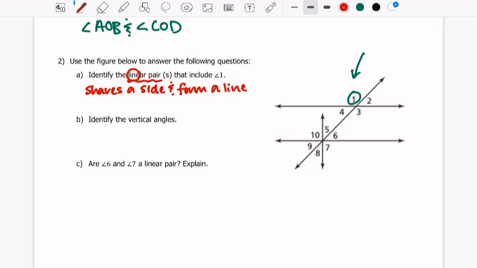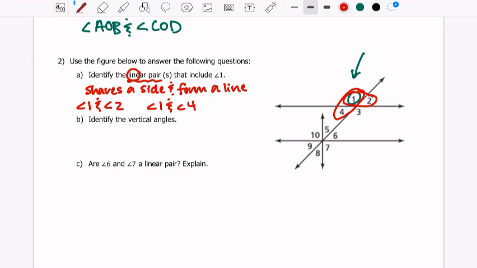Okay, so with that, I see that angle 1 and angle 2 share a side and form a line. So I'll write angle 1 and angle 2. And I see that angle 1 and angle 4 also do the same thing. So those are our linear pairs that include angle 1.